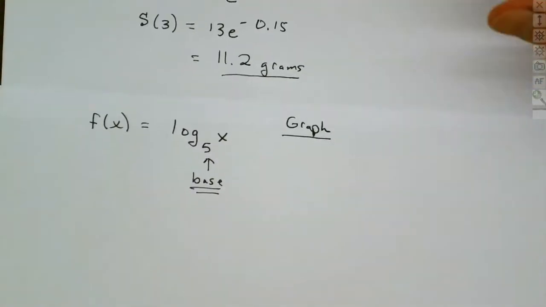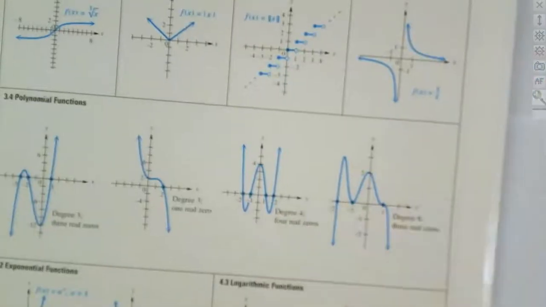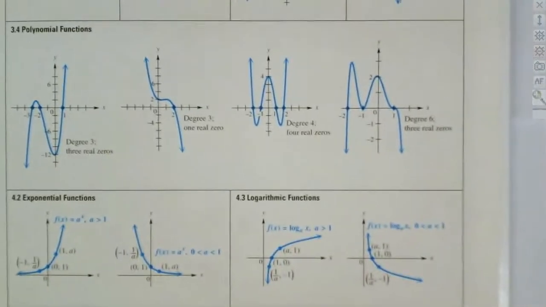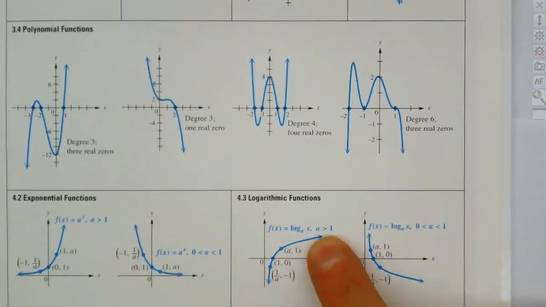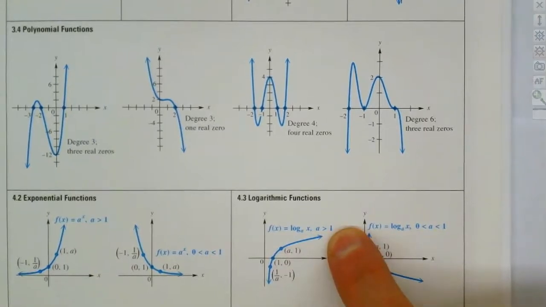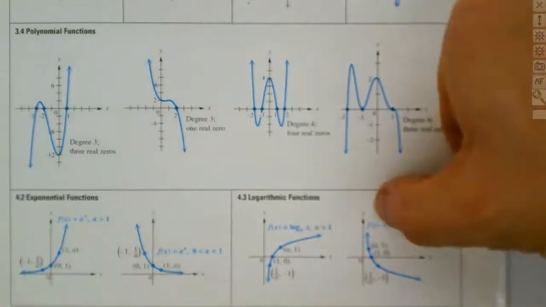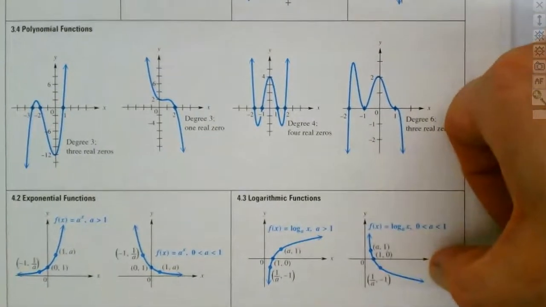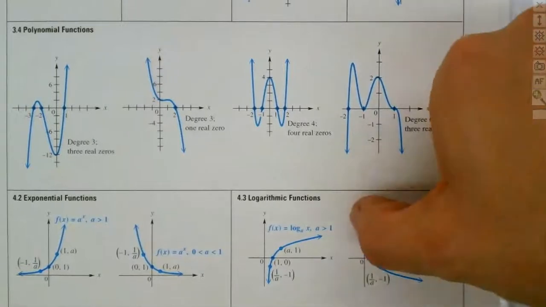Now, just like with exponentials, we've got two different graphs. And the graph is going to change based upon the base. So if your base is bigger than 1, it looks like this. If your base is between 0 and 1, it looks like that. So fractional bases will look like that.